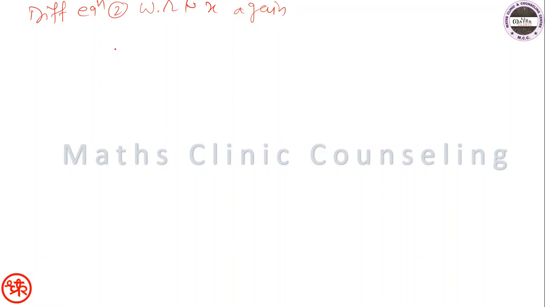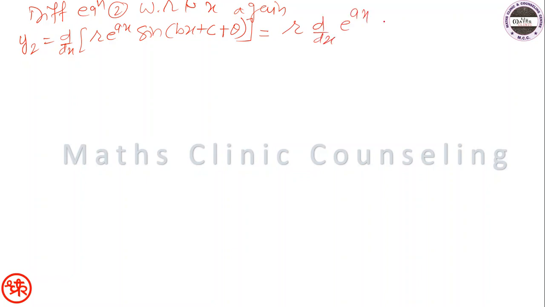So you will get y2, and here you will get d dx of r e to the power ax into sin of bx plus c plus theta. Is that clear? So you will get here r into d dx of e to the power ax into sin of bx plus c plus theta.